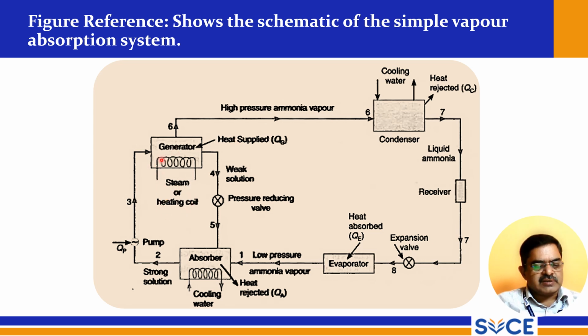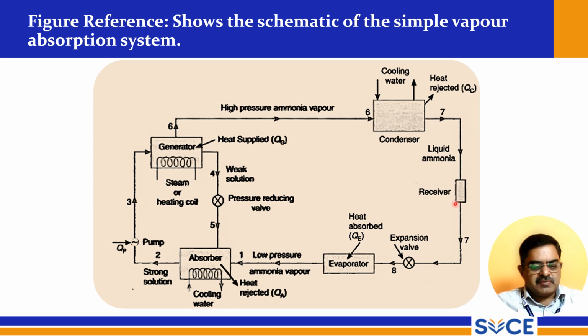The weak solution is fed back to the absorber, and a pressure reducing valve is provided in this returning line, but the high pressure ammonia vapor is supplied from the generator to the condenser. Here cooling water is circulated and the heat is rejected. This is the main cooling chamber where the heat is rejected majorly, and from the condenser the liquid ammonia is sent back to the receiver.